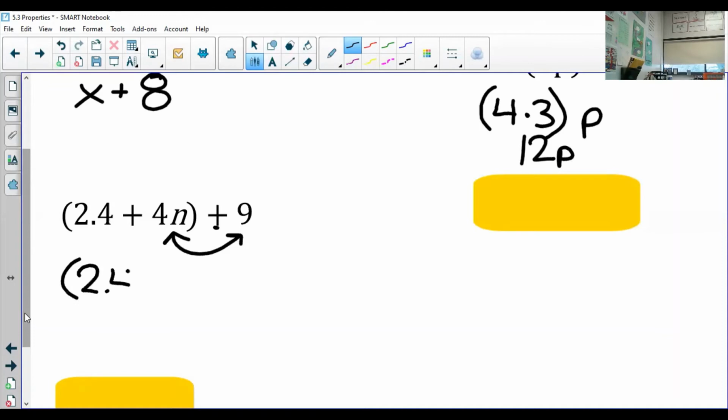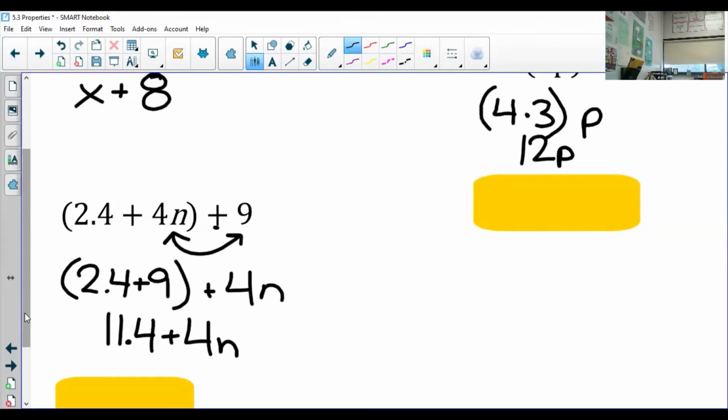So if I have 2.4 plus 9 plus 4n, put that on the outside, now could I simplify this? Yeah, I could, right? Because now I can add the 2.4 and the 9 together to get 11 and 4/10 plus 4n. They go together. And the 4n has nothing to go with, so we keep it the same.